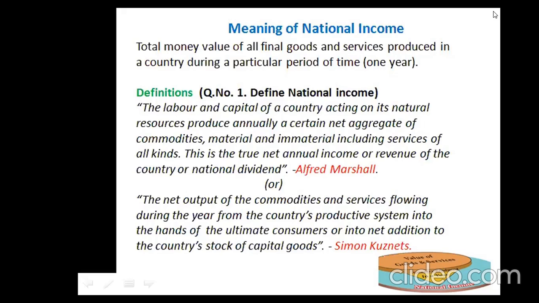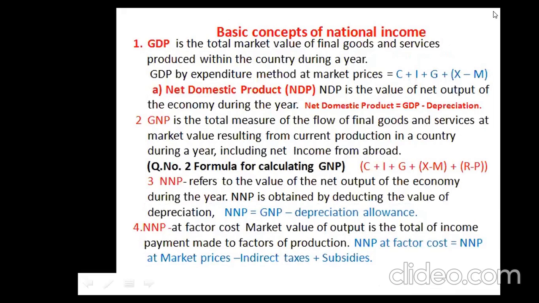So this is the definition given by Simon Kuznets. You are free to write either one. Both are correct answers for the question, define national income. Next, you go for the basic concept of national income.